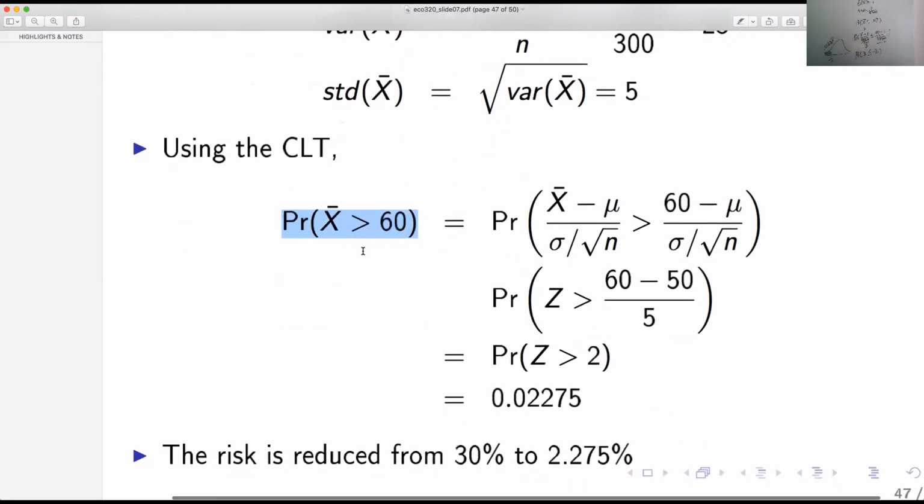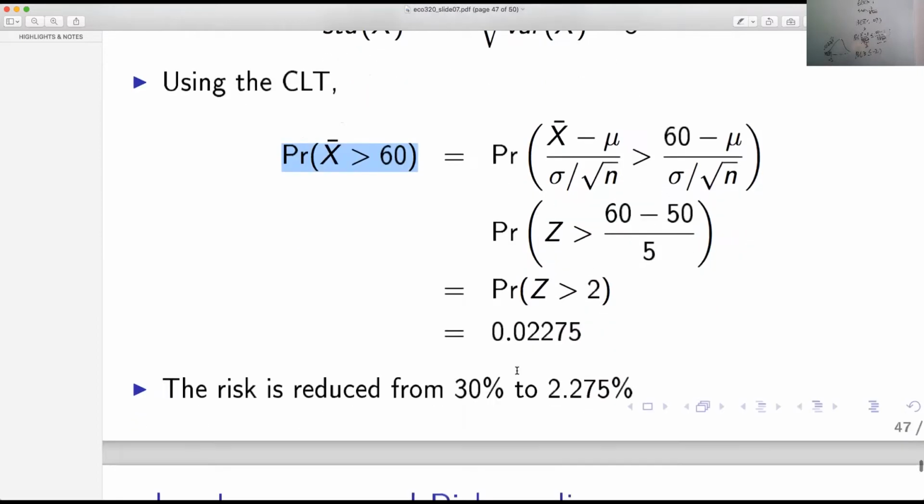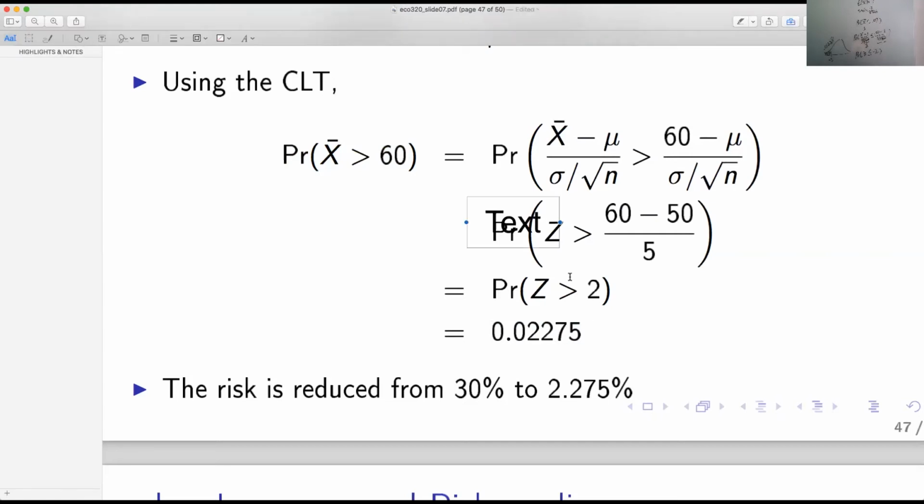So the probability of X bar greater than 60, using this, finally we get this, right? You might want to get this one, because the probability of Z greater than 2 is 1 minus the probability that Z is less than 2, right? We explained this a lot in previous questions.